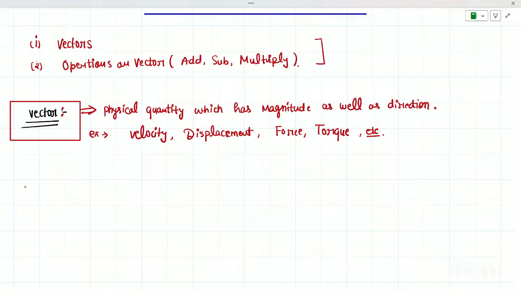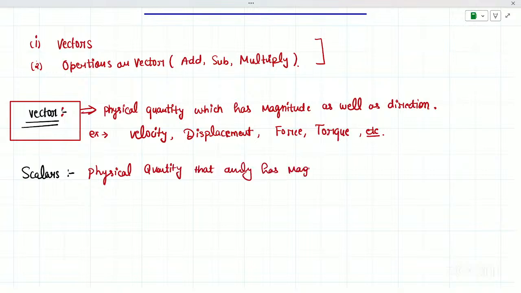So these quantities are termed as the vectors. There are other quantities also which are termed as what? Scalars. So scalars are those which do not require any direction to define them, that have only magnitude. So a physical quantity that only has magnitude is defined as scalar.